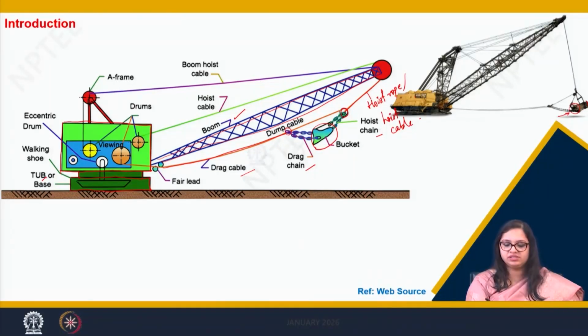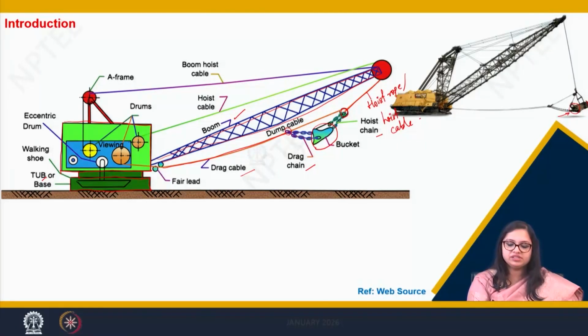This bucket is closed from four sides, that is the two sides, bottom and the front side, and it is open from two sides, that is from this rear end and the top. To this rear end the drag chain is attached, and to the closed end, which we call the front end, the hoist chain is attached.